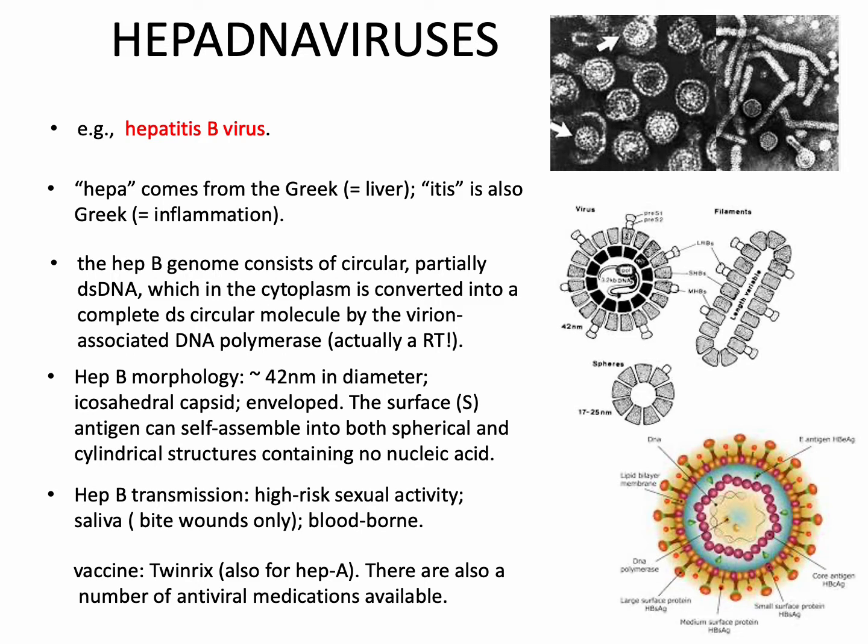For example, quantities of hep B often exceed 10 to the 10th per milliliter in blood, whereas hep C is rarely above 10 to the 6th per milliliter. And so for this reason, the risk of needle stick transmission is much higher, 20% for hep B versus 2% for hep C.